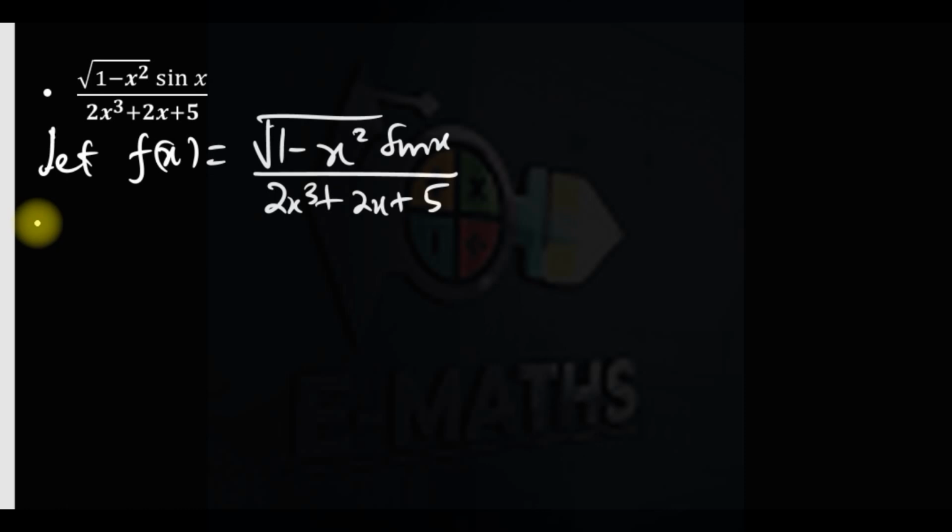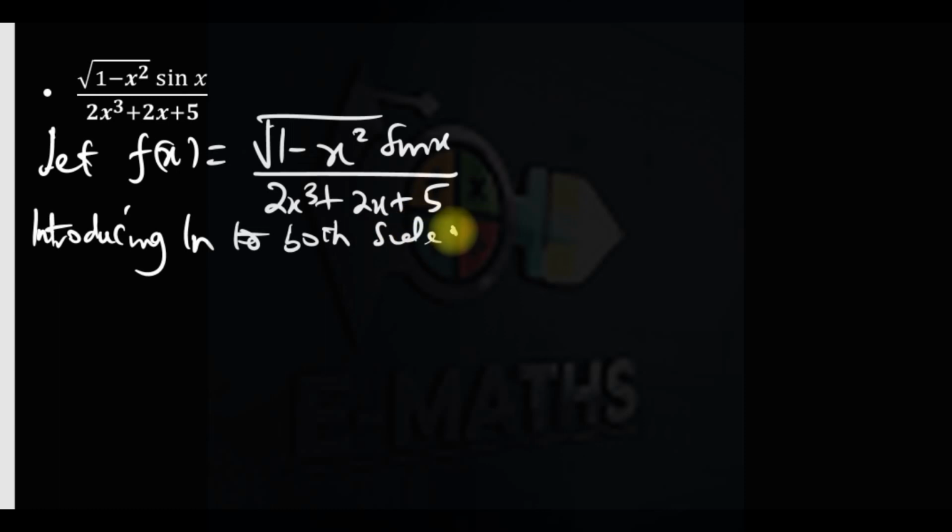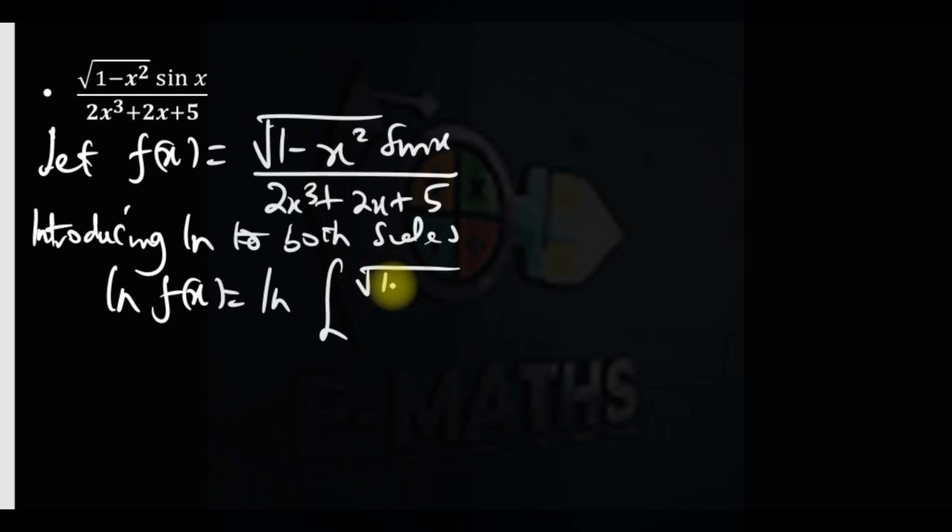So introducing natural log, ln, to both sides. We now see that ln f(x) is the same as ln of everything here, which is the square root of (1 minus x squared) sine x over (2x cubed plus 2x plus 5).